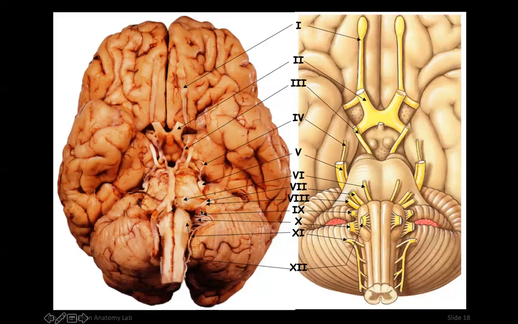There we go. So most of these fibers that come out of the side of the medulla, most of them are going to be cranial nerve 10, the vagus nerve, and just one little piece of it is cranial nerve number 9, the glossopharyngeal. So you won't be able to tell glossopharyngeal from vagus nerve. Cranial nerve 11 is the spinal accessory or accessory nerve, and it's emerging from the sides of the spinal cord.